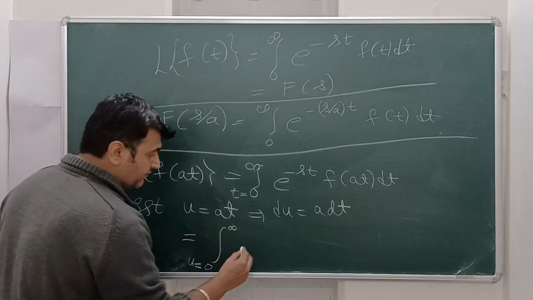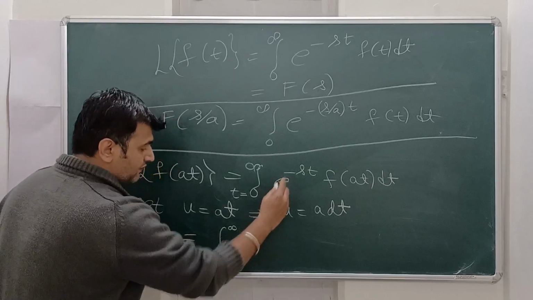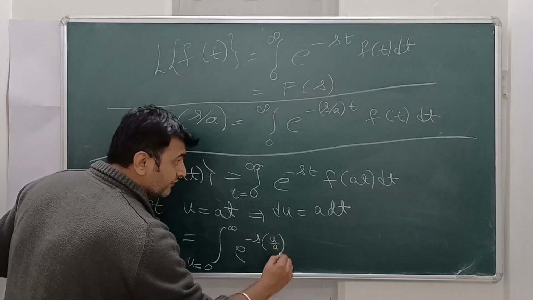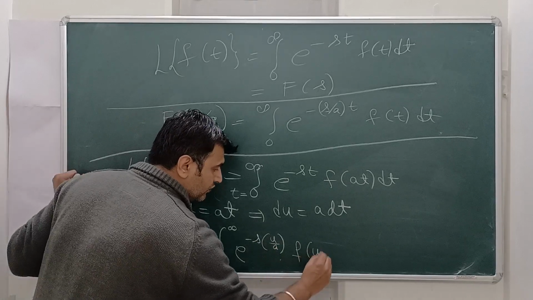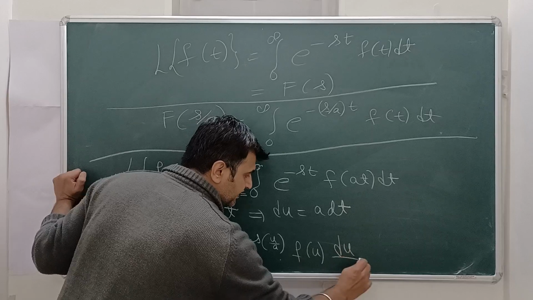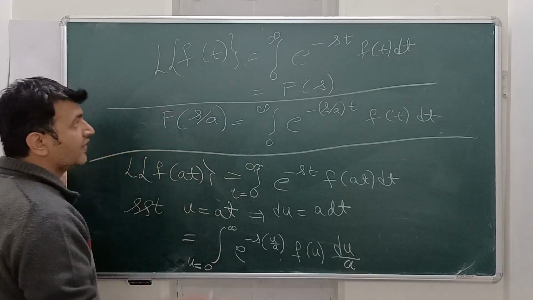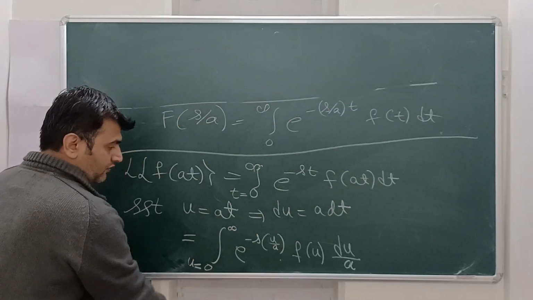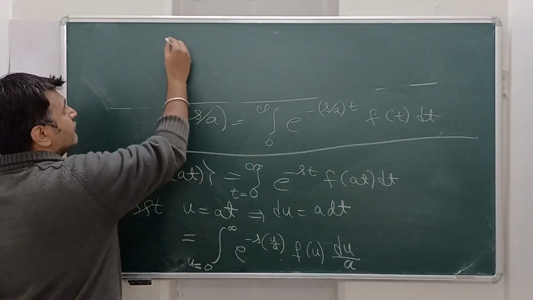So the limits are the same. E raised to minus s, what is my t? It is u by a into f of u. And what is dt? It is du upon a. I hope the calculations are clear. And now from here I think you will get the answer.